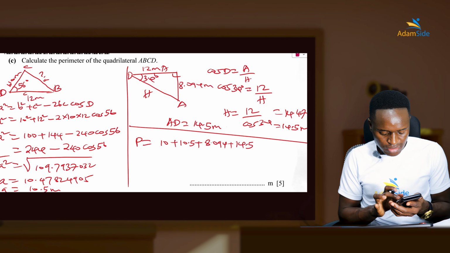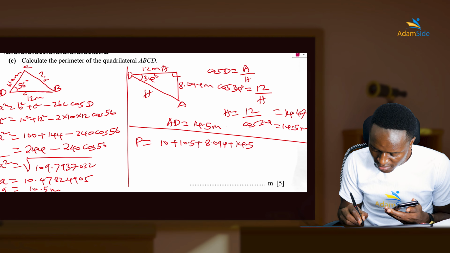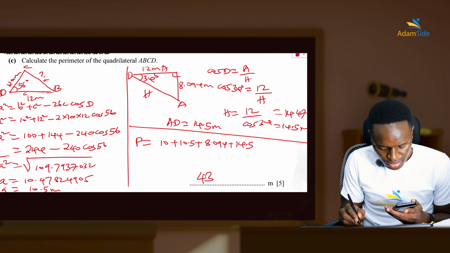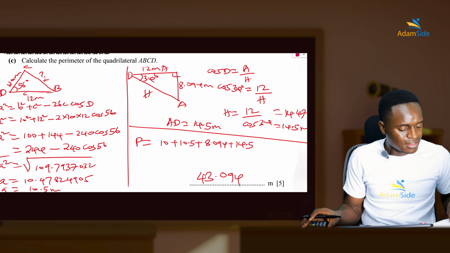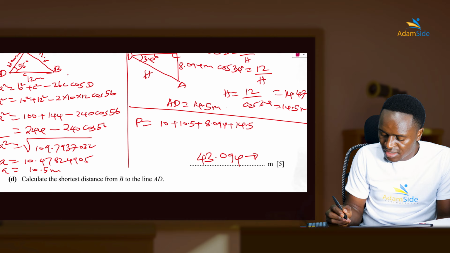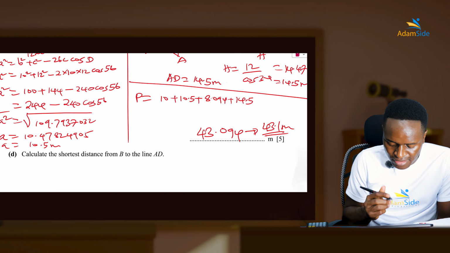Our answer is 43.094. So our answer will be 43.094 meters as the perimeter. That's it. The answer can be rounded off to 43.1 meters. Correct, to 3 significant figures.